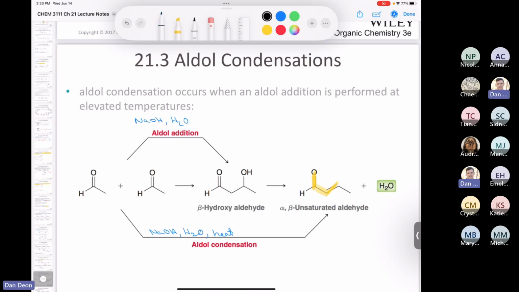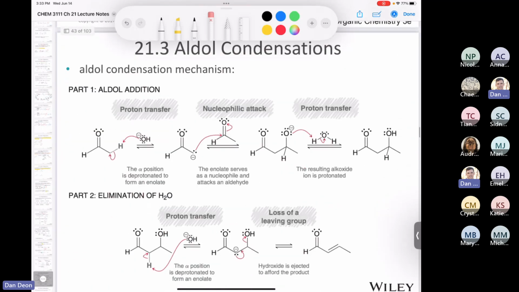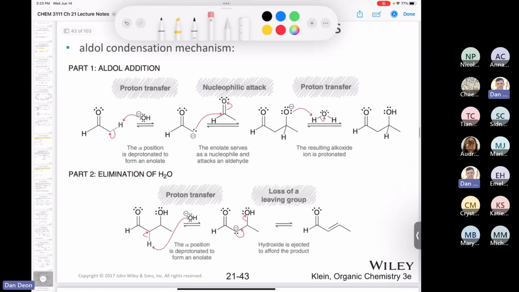So we'll put here driving force, okay? So we'll put here conjugated system is the driving force of the reaction of the aldol condensation, right? Remember that conjugation imparts some stability to our molecule. Anyhow, there we go. So let's move on and let's take a look at the mechanism of aldol condensation.